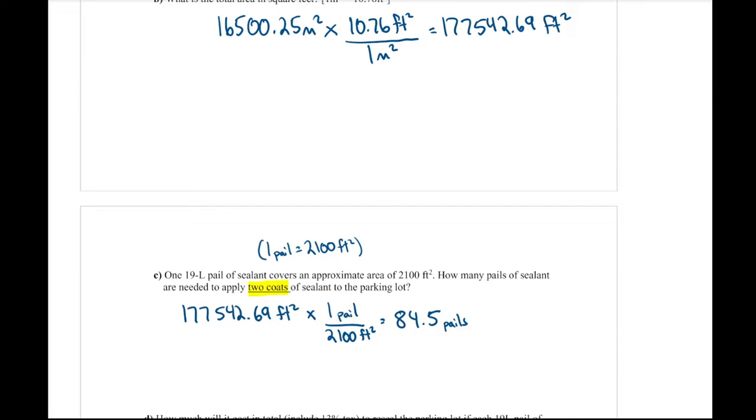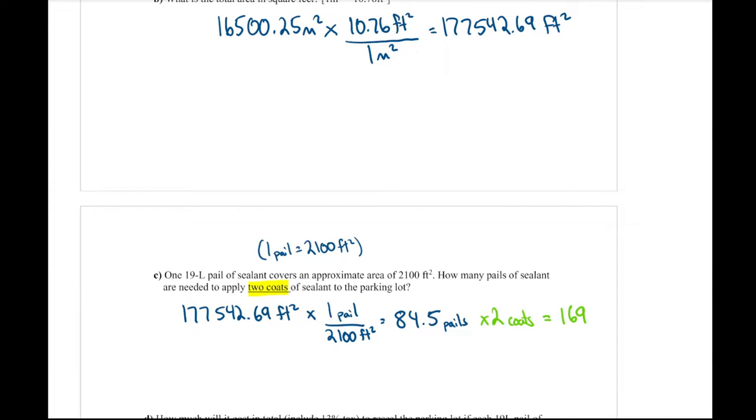But because we're doing 2 coats, we can say multiplied by 2 for the number of coats, which gives us 169 pails, roughly. There is a slight decimal after, so 0.088. So you could argue, well, you need 169 or 170 pails.